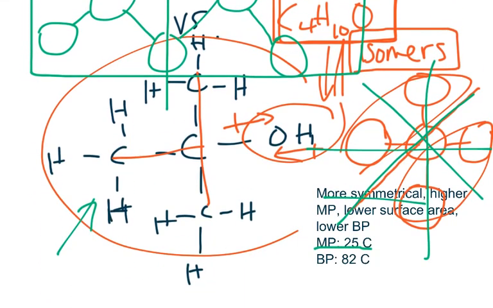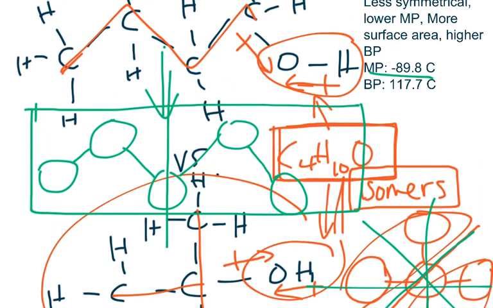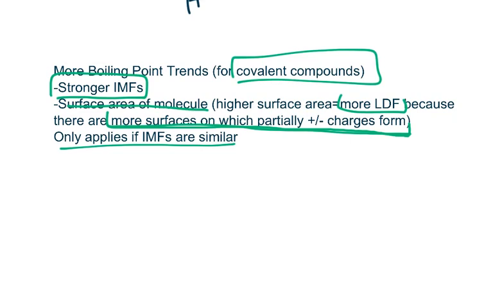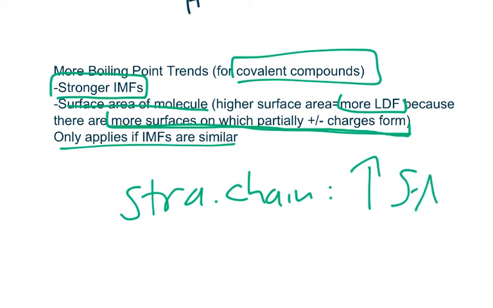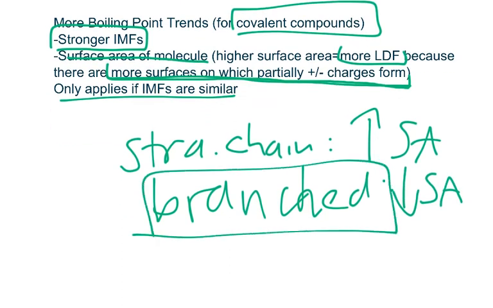So surface area, how do we really think about that? Well, in general, things that are straight-chained will have a higher surface area, and those that are branched or more compact will have a lower surface area, because things that are more compact will have a lower surface area and volume, of course.